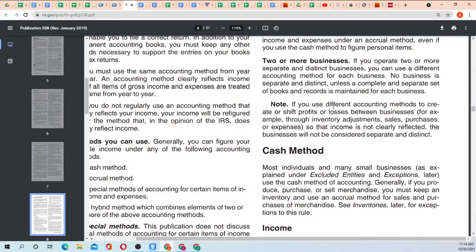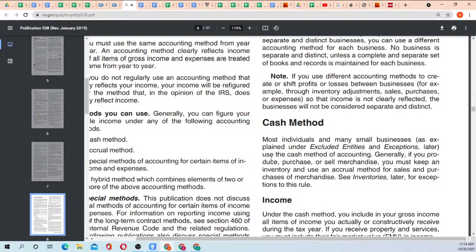However, if you somehow use that to shift profits or losses between your businesses, then those businesses will not be considered separate and distinct, and you will have to report it as the same business, and you will have to use the consistent method, either accrual method for revenues and expenses or cash method for revenues and expenses.